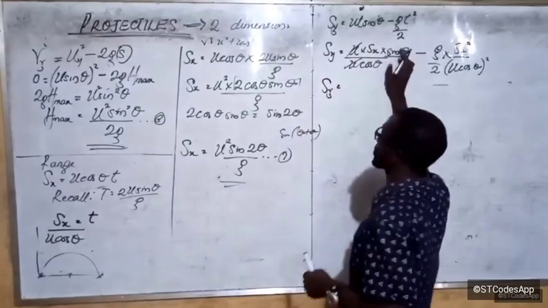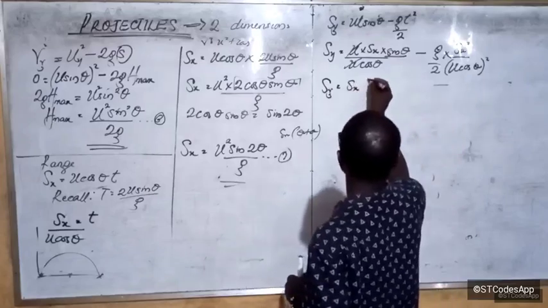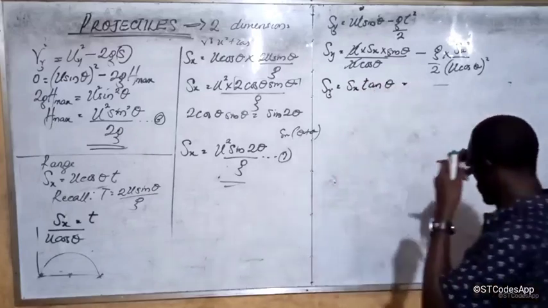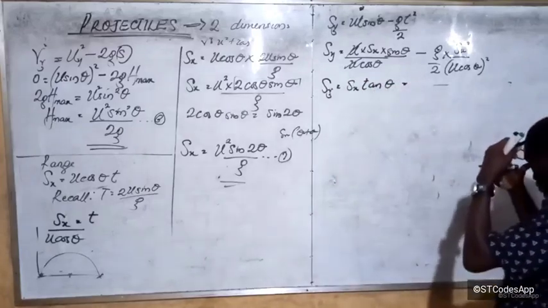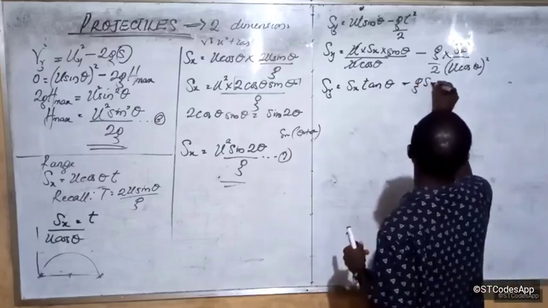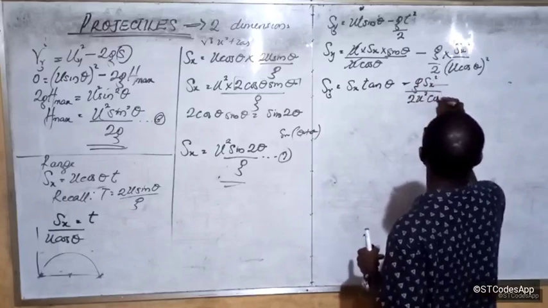So recall that sine theta over cos theta is tan theta. So we have s sub y will be equal to s sub x times tan theta minus g s sub x squared over 2u squared cos squared theta.